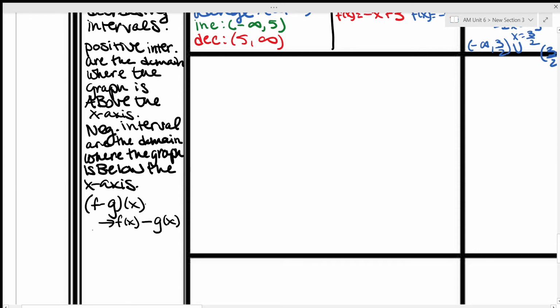If you have a division, f over g, that means you're going to write a fraction, but f of x function will be in the numerator, g of x will be in the denominator. Okay.